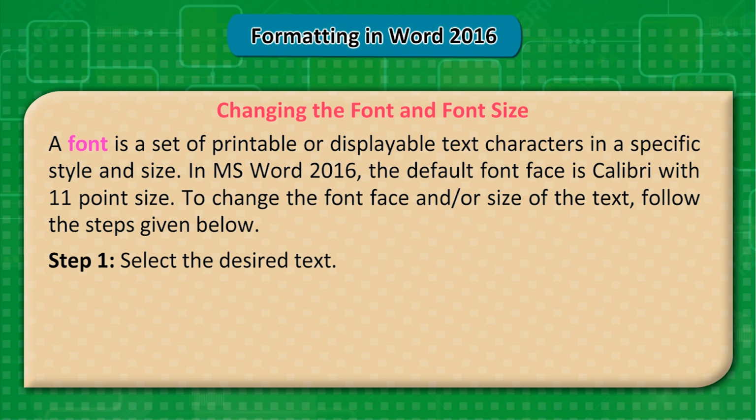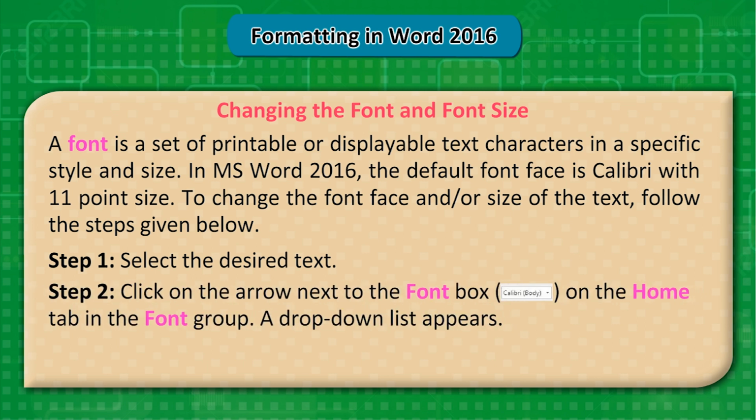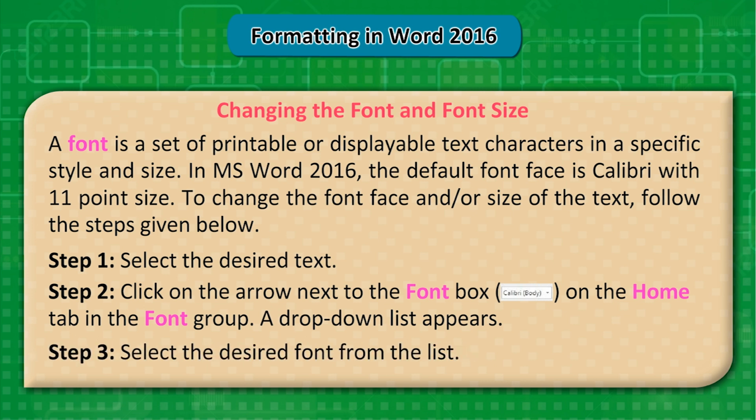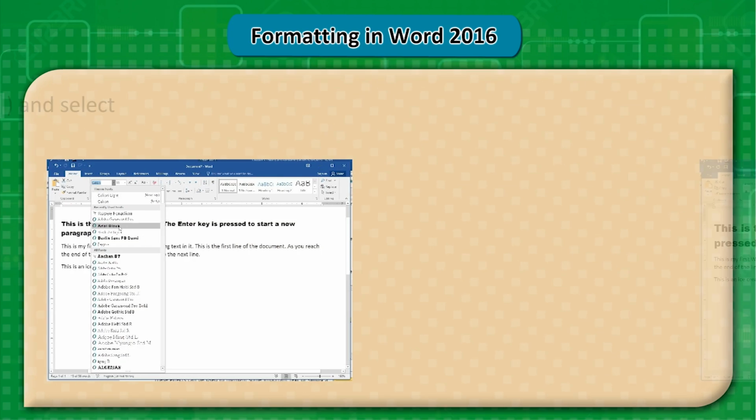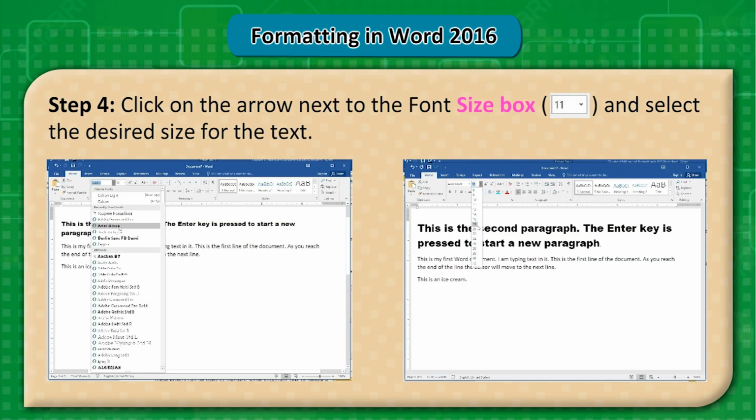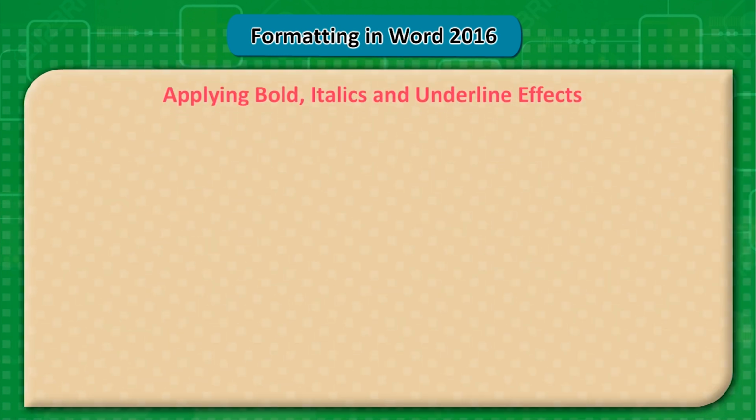Select the desired text. Step 2. Click on the arrow next to the font box on the Home tab in the font group. A drop-down list appears. Step 3. Select the desired font from the list. Step 4. Click on the arrow next to the font size box and select the desired size for the text.